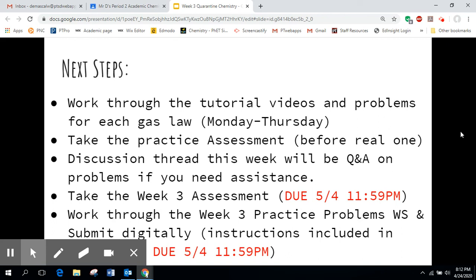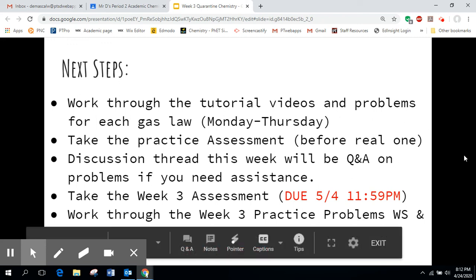Please take it before you take the graded assessment. Discussion thread for this week is going to be basically Q&A. So if you're stuck on something or you don't understand why I did something, shoot me a question. Send me a picture of the problem you're working on by email and ask for some feedback.